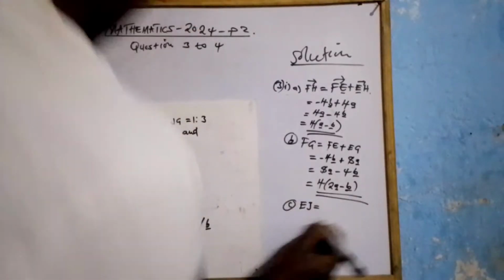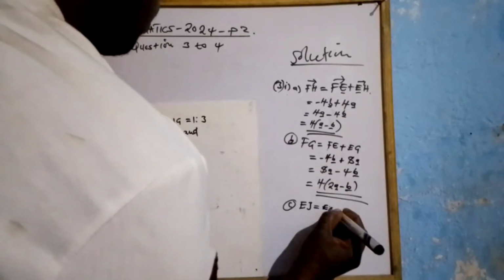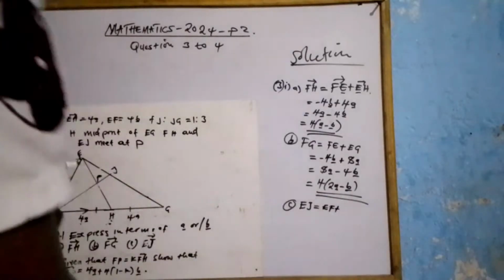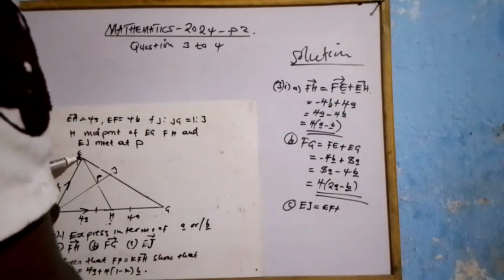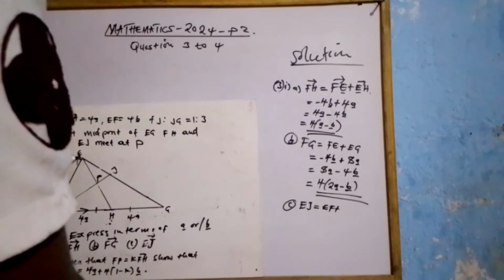So you can say EF plus, we follow the ratios. We've already found FG, okay?